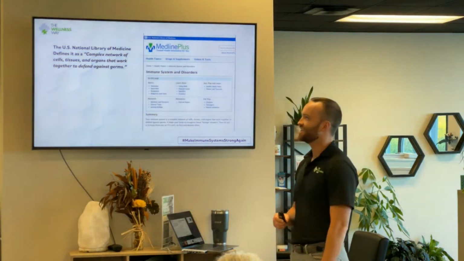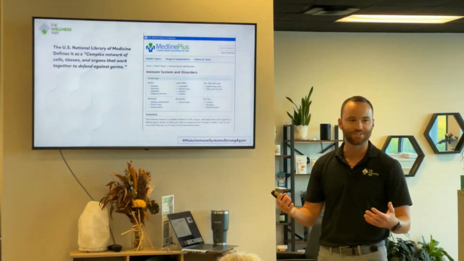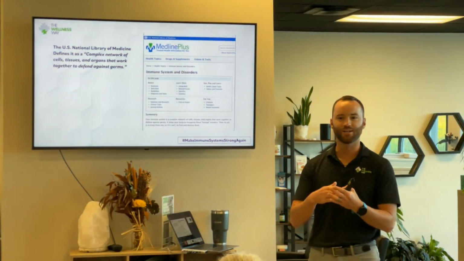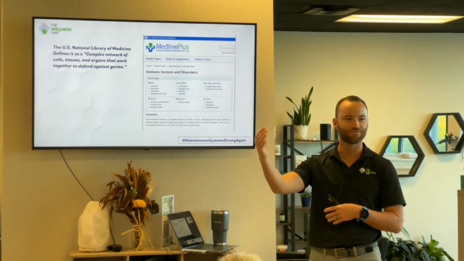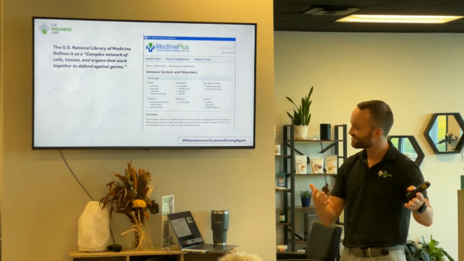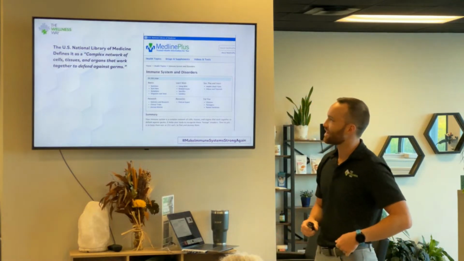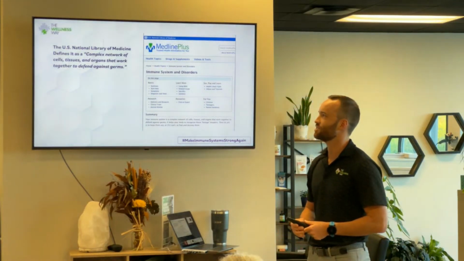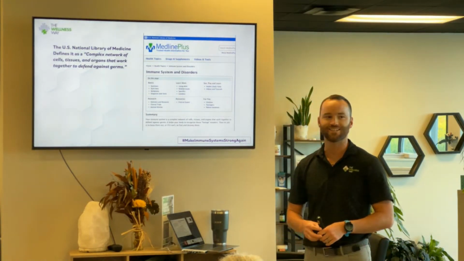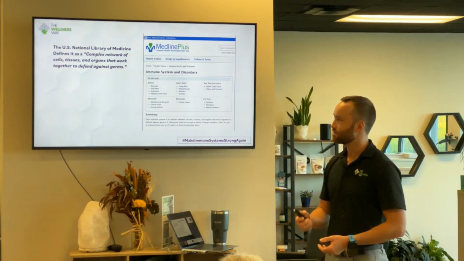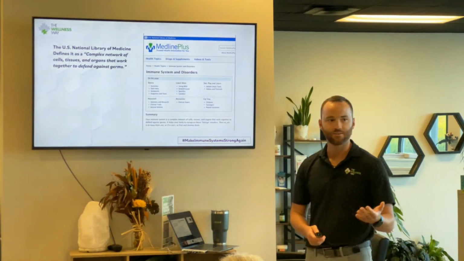But the medical definition of the immune system is very centered around the body's response to external or foreign invaders. The U.S. National Library of Medicine defines it as a complex network of cells, tissues, and organs that work together to defend against germs. Germs, of course, being a fancy word for foreign pathogens.